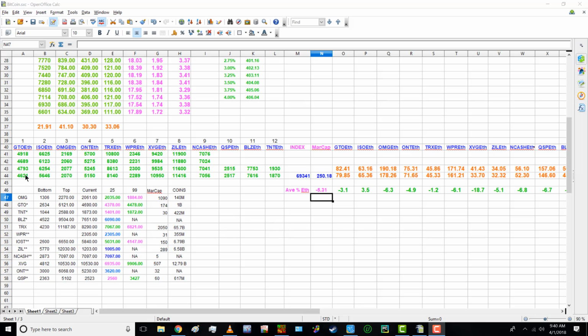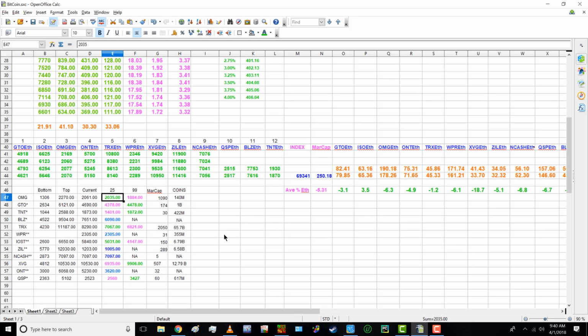So this little part of this spreadsheet here details the coin name or symbol. They are all going to be related to Ethereum. So I went on to one of the charts, which you can look at shortly, and put some data in there.